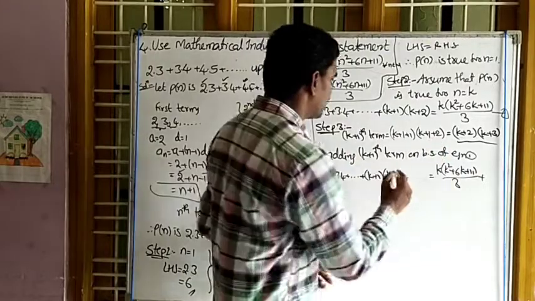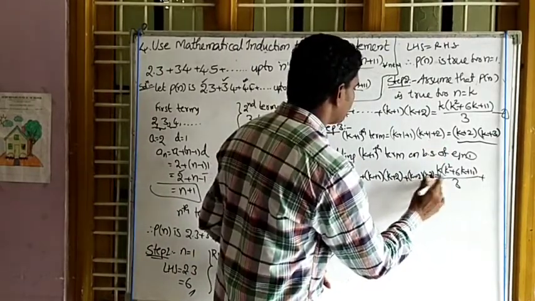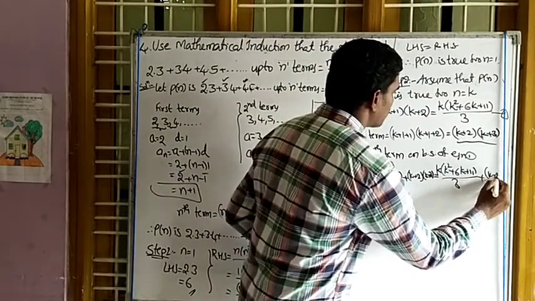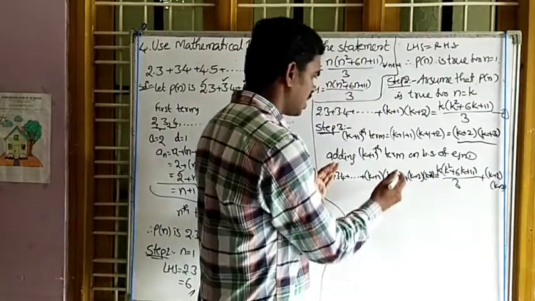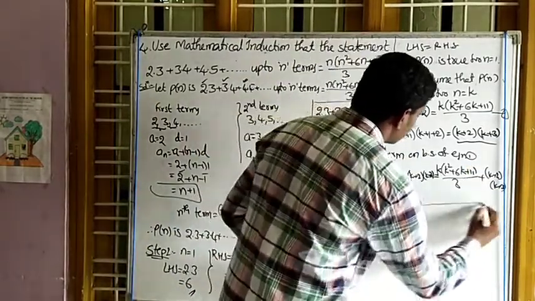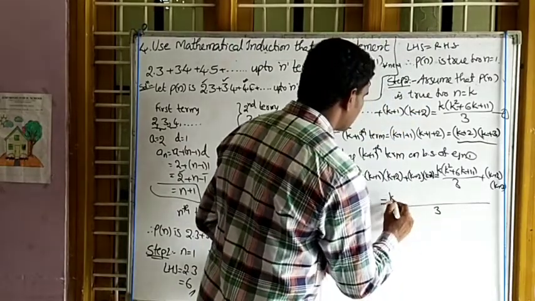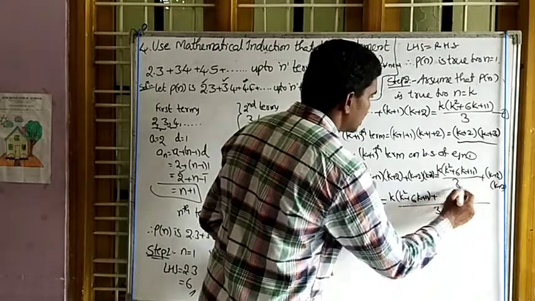The (k plus 1) term, that is (k plus 2) into (k plus 3). Here also (k plus 2) into (k plus 3). So keep the left side as it is, and simplify the right hand side. So 3 is there, 3 will be the LCM. The left side: k into (k square plus 6k plus 11) plus 3 into something.